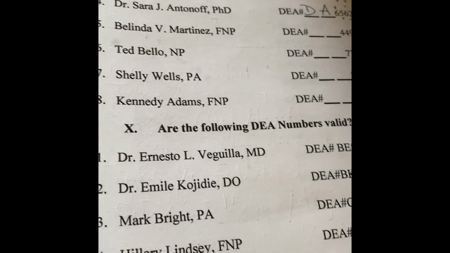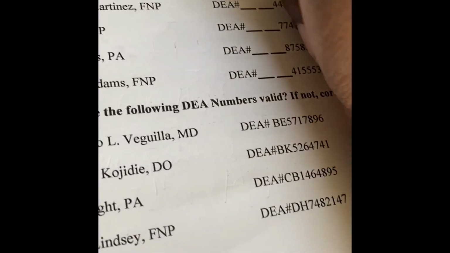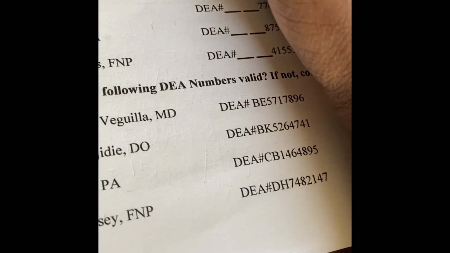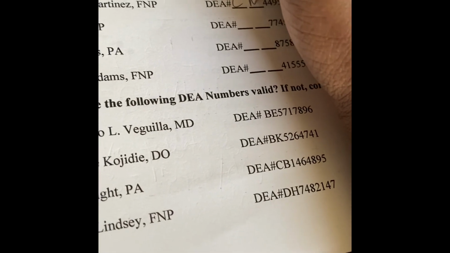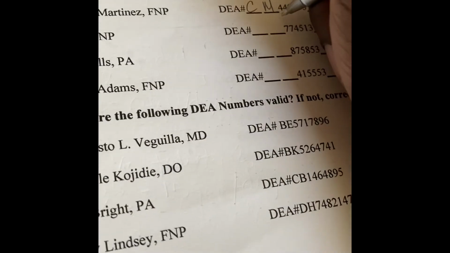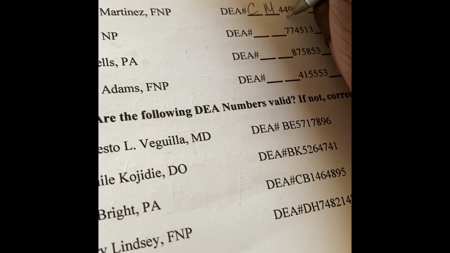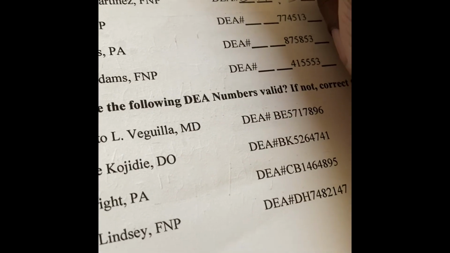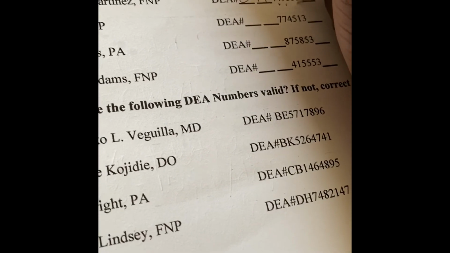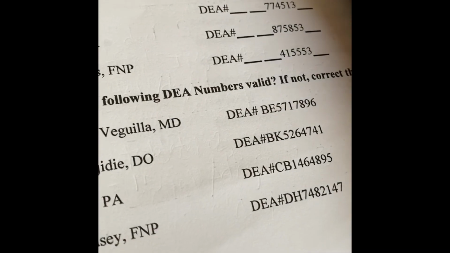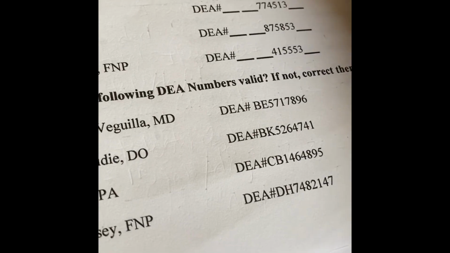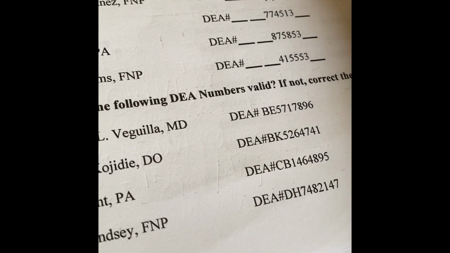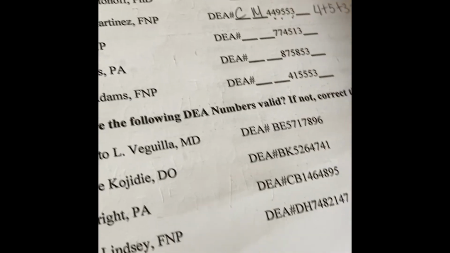So then we have number 5, which is the FNP, so that's a C. And last name is Martinez, so that's an M. We're going to do 4 plus 5 plus 3, which equals 12 times 2, which equals 24.